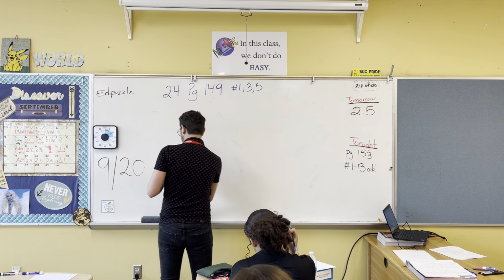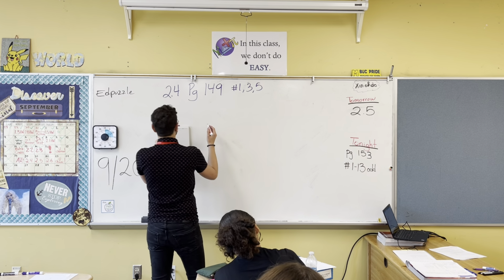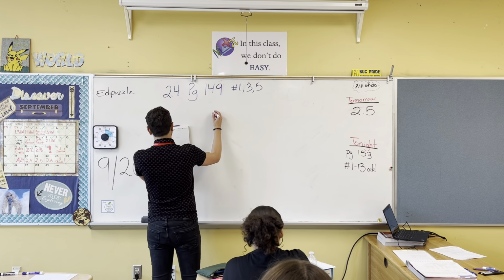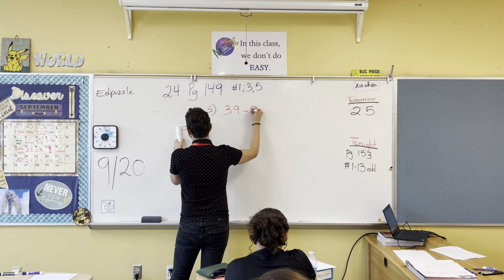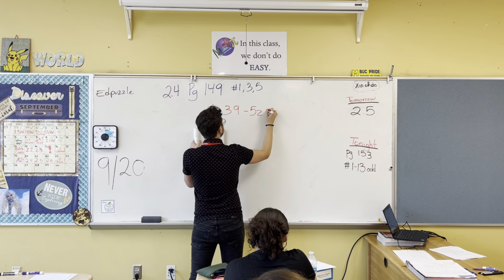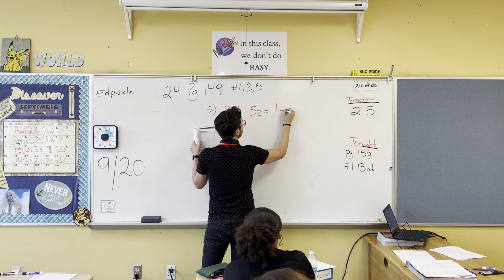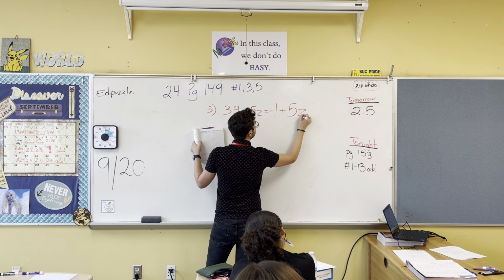Okay, so starting with number 3, we have 39 minus 5z is equal to -1 plus 5z.